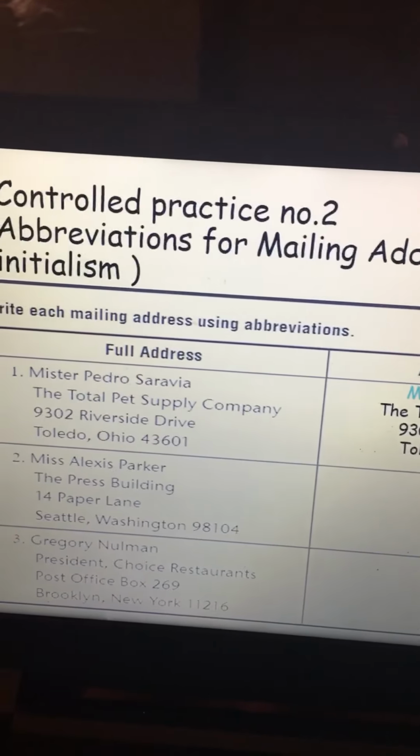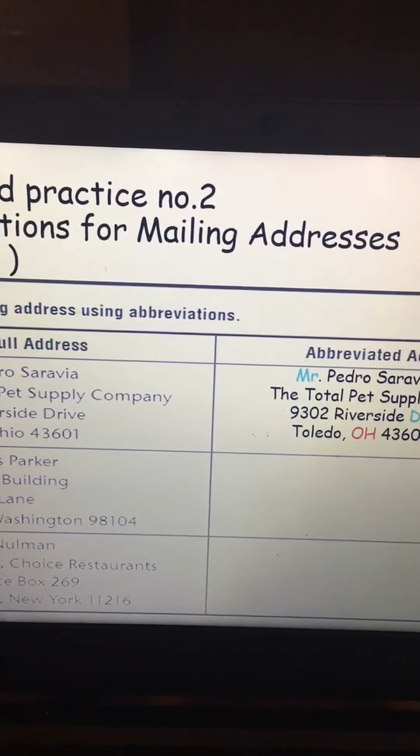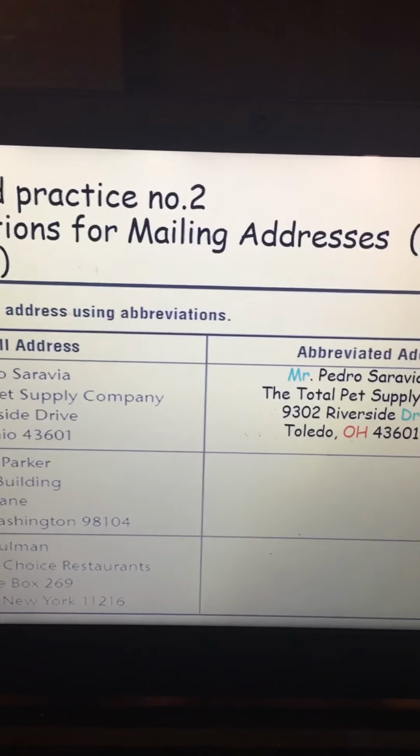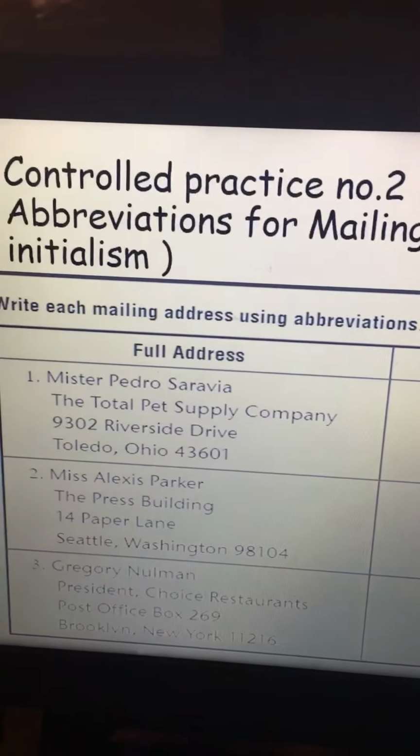In this second slide, you are asked to use the abbreviations for mailing addresses. We use both contraction and elliptic rules. Here we have an address that includes words for people and places.